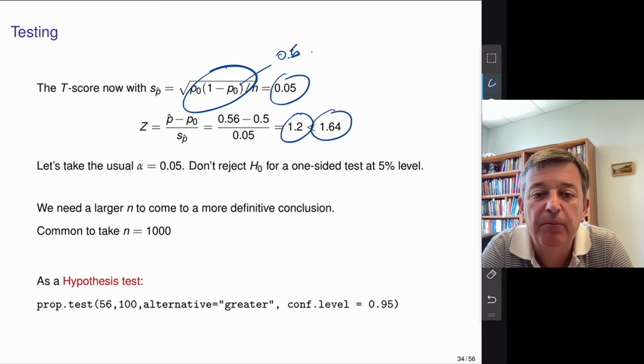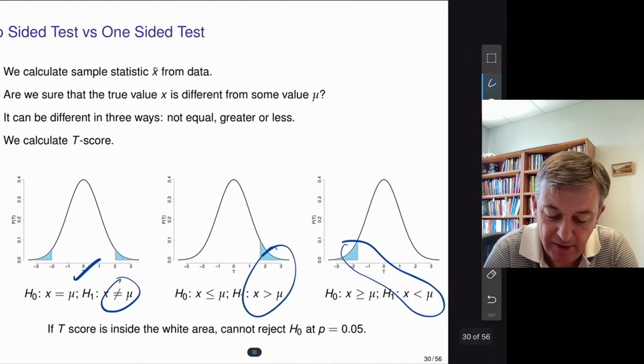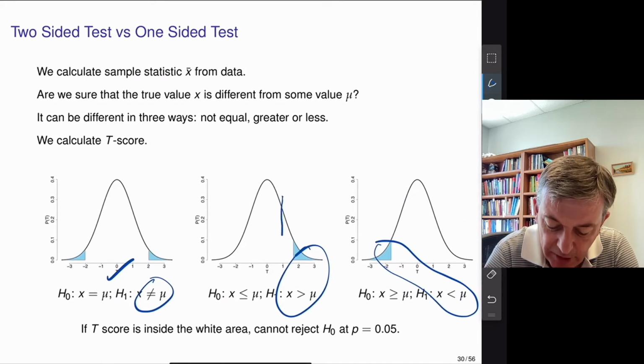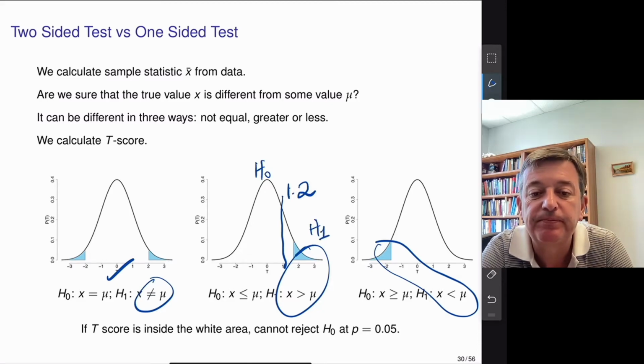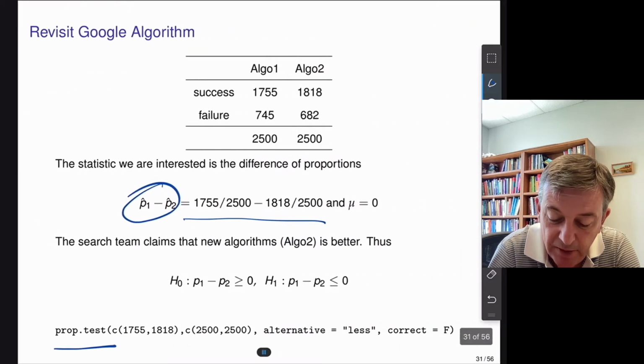So if I'm doing a one-sided test, if I go back here, essentially I'm in this zone here, right? I see an observation of 1.2. Anything on this side is H0. Anything on this side is H1. And at the 5% level, my magic level to compare it to is 1.64.